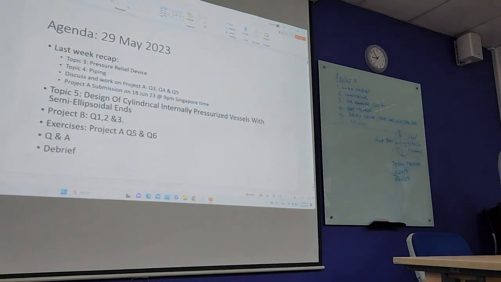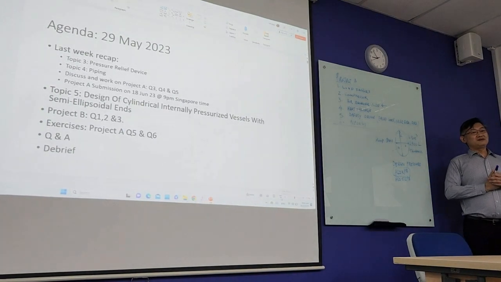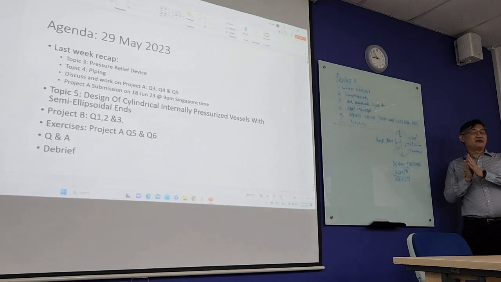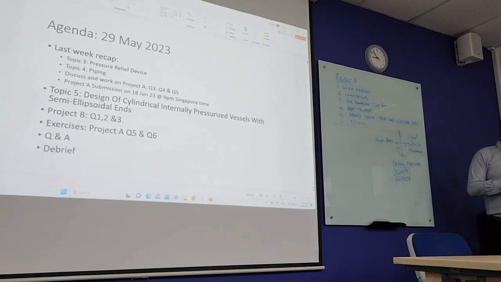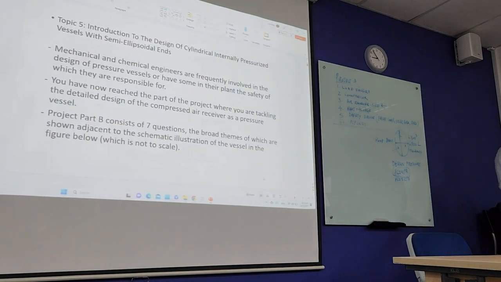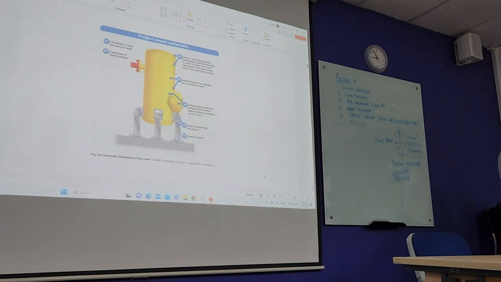So far, does anyone have any doubts regarding why the design pressure is X62 kilopascal? We want to standardize so that you don't deviate too much from project B. No? Okay, then we will go on.